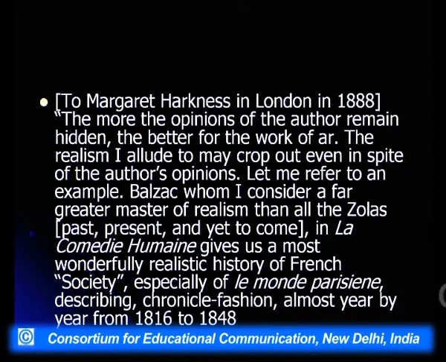inch towards what is called realism, especially of La Monde Parisienne, that is the life in Paris, describing in chronicle fashion almost year by year from 1816 to 1848. This is a remarkable thing that Balzac achieved. He was active from 1816 to 1848, and he was writing about the life in the villages, life in the small towns, and life in Paris, and he was describing it in chronicle fashion, writing from day to day.